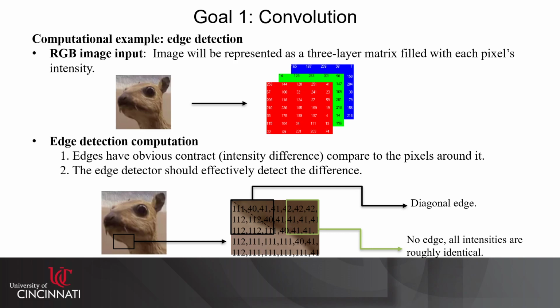On the upper right corner, it's darker, so the intensity is lower, it's 40, 41. By looking at those numbers, we can see there's a dramatic intensity change from the lower left to the upper right. So there must be an edge in the diagonal direction.